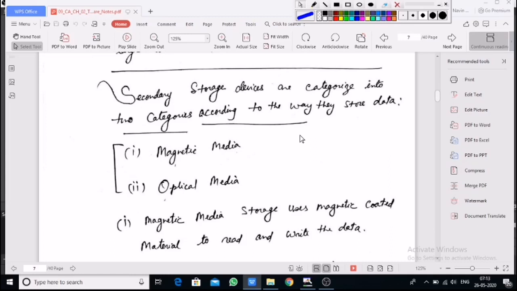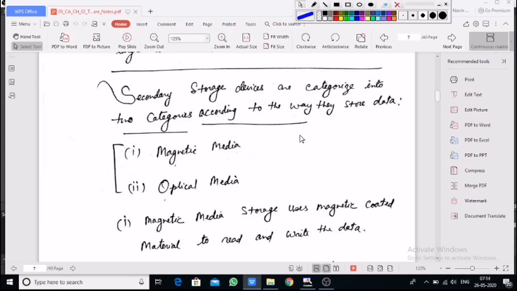Magnetic media examples are the hard disk drive, which uses a magnetic component to read and write data, and the floppy disk drive, which is obsolete and outdated nowadays. But I have used that personally, right?